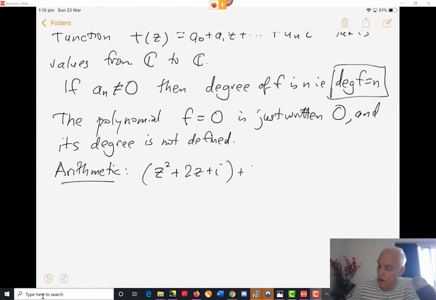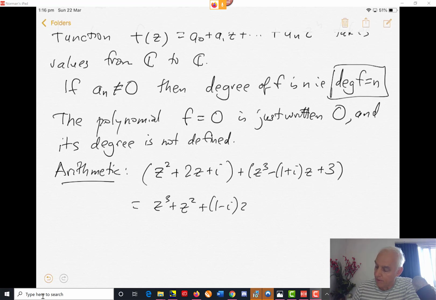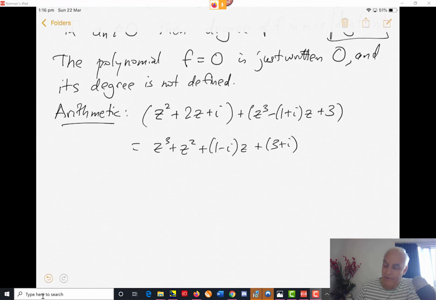And here's another one, say z cubed minus 1 plus i times z plus 3. Okay, well, the sum is going to be z cubed plus z squared. And how many z's are there? 2 minus 1, so that's plus 1 minus i times z, and the constant term will be 3 plus i.